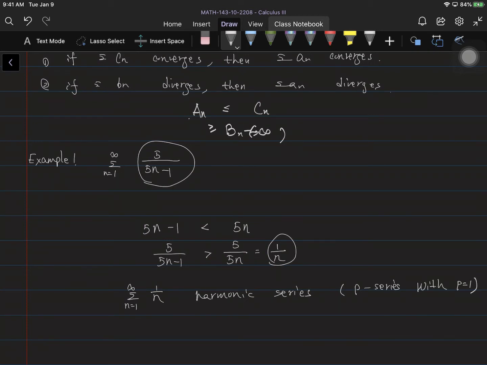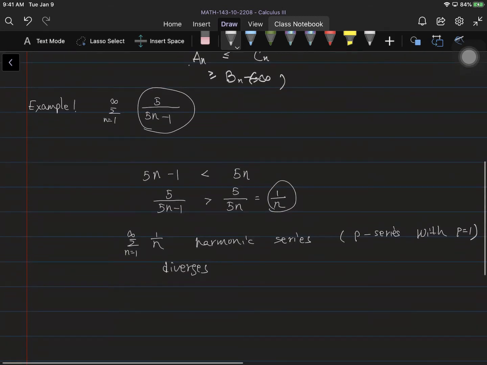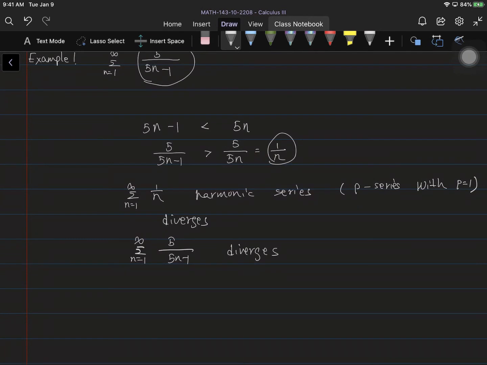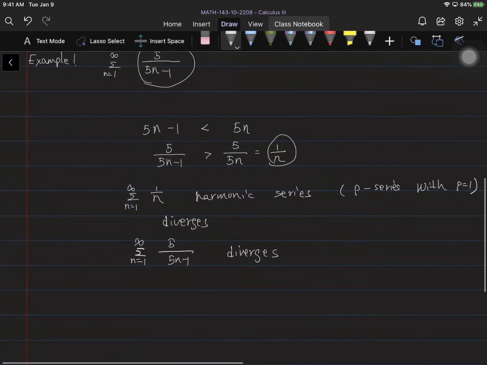And we know that series diverges. And our series is greater than that divergent one, so the series also diverges. Okay, this is how we use the divergence comparison test. Greater than diverges, diverges.